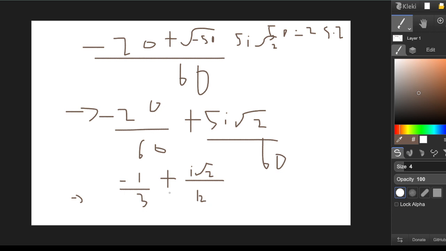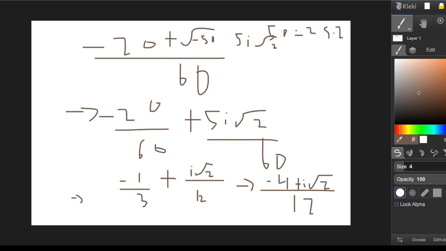We can take this under a common denominator if you want, right? We can definitely do that. We're going to get a common denominator of 12. If I multiply this by 4, I'm going to get negative 4 here, plus i root 2. Okay? So that's a way of answering this problem. Negative 4 plus i times the square root of 2 all over 12.